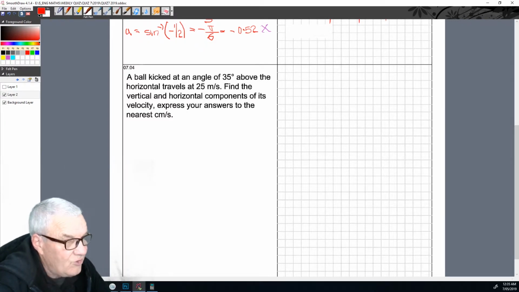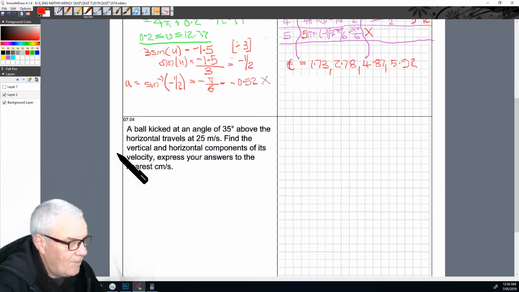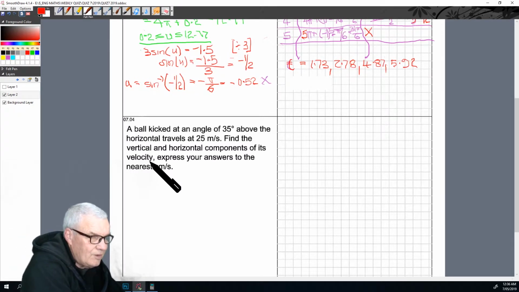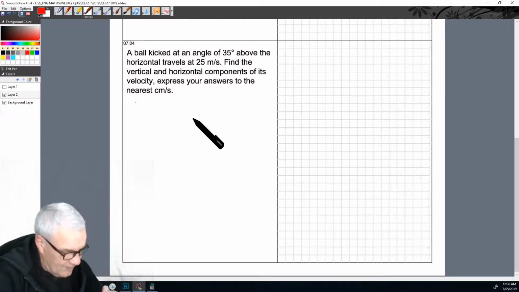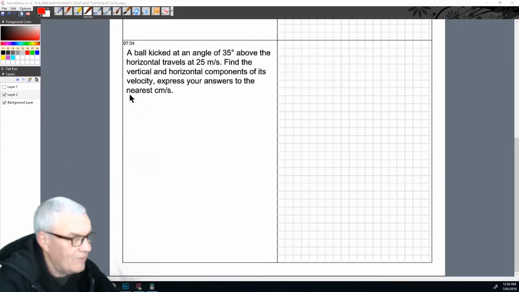So the best thing to do here is to draw a diagram. So here's our ball right there.